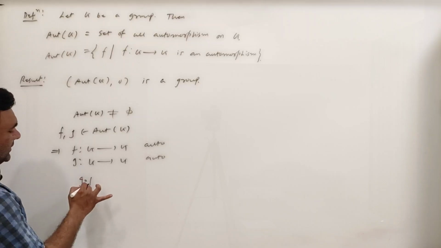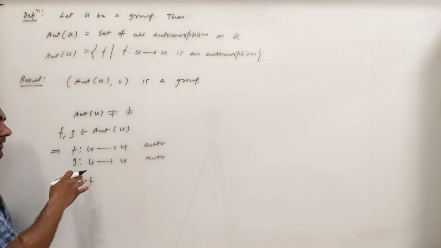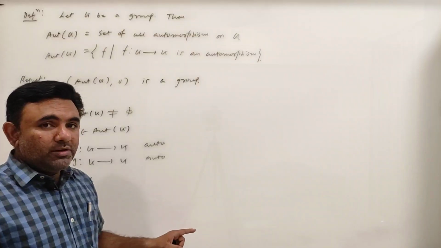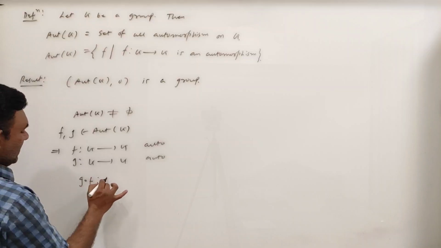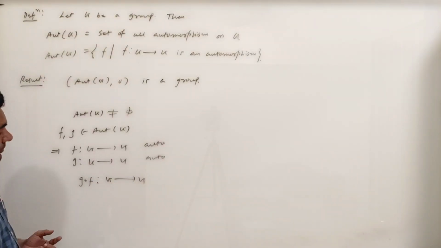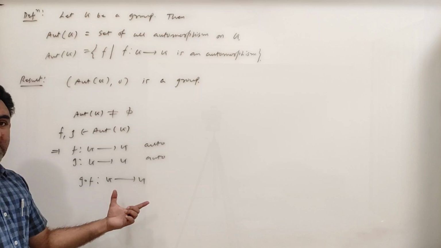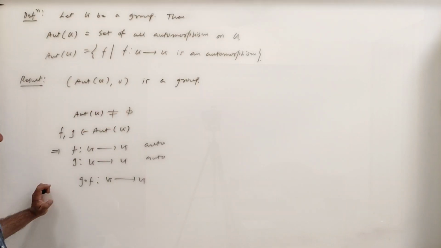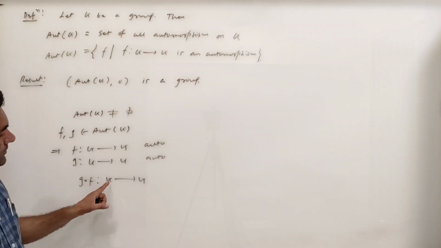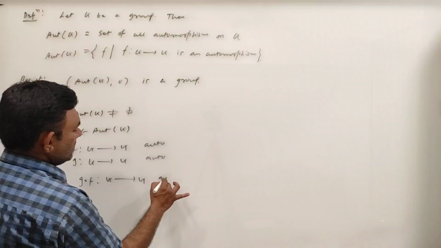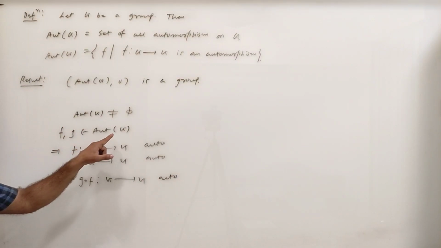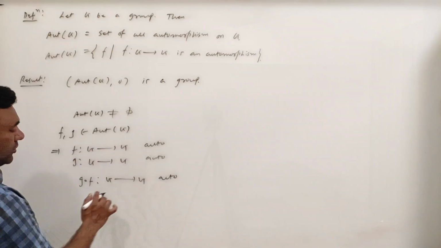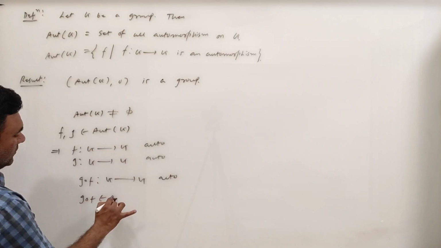We know that the composition g o f is defined, since both functions have the same domain and codomain. And g o f is a mapping from G to G, and the composition of two isomorphisms is again an isomorphism, as we have already discussed. So g o f is an isomorphism from G to G, so g o f is also an automorphism. As a result, g o f belongs to Aut(G).